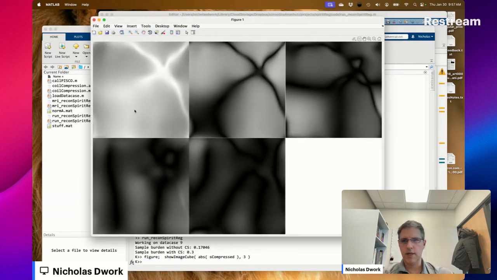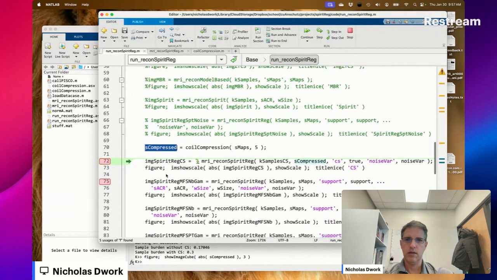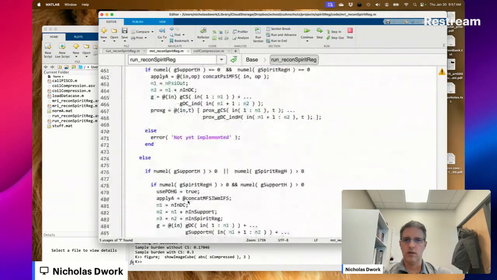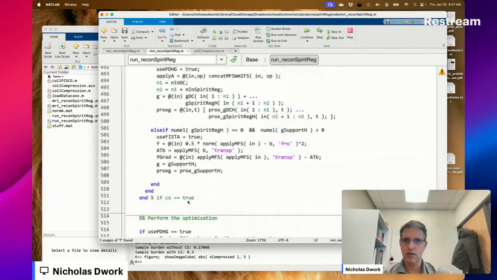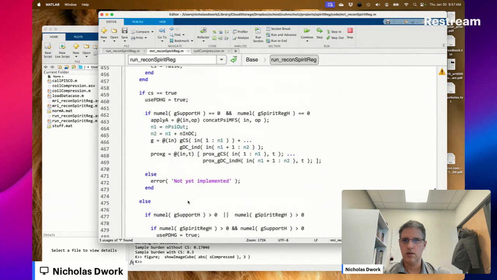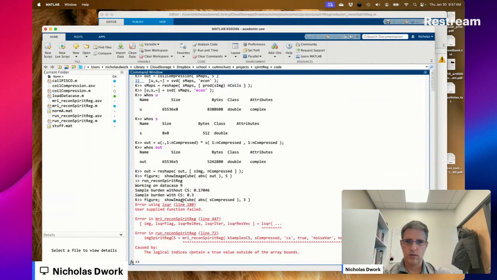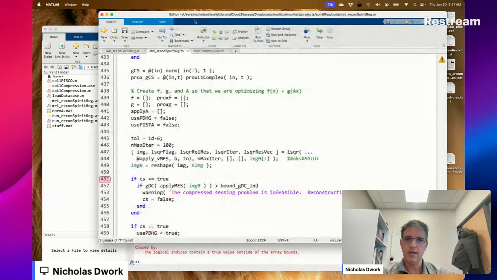They look pretty similar, don't they? Oh, you know what? That's totally wrong. Because I have to compress the data as well. Right now, we've got too much data.